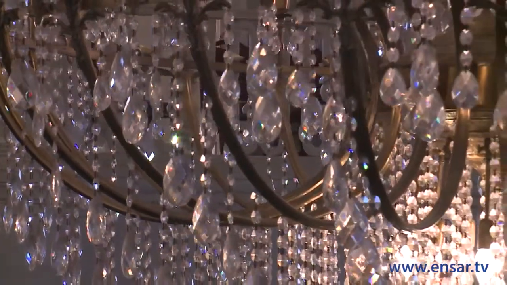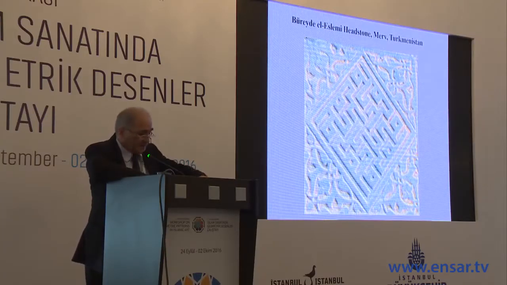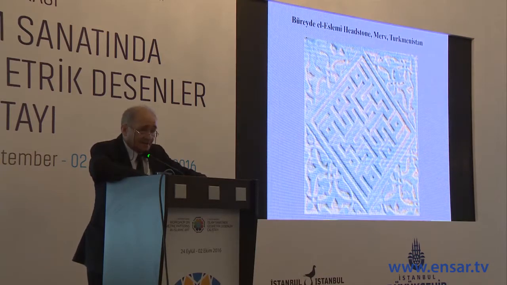You can see also a different type of C4 symmetrical Muhammad composition on the headstone of Bureyda al-Islami. Bureyda al-Islami was Sahaba, the companion of Prophet, who passed away in 1682 in Merv, now in Turkmenistan.